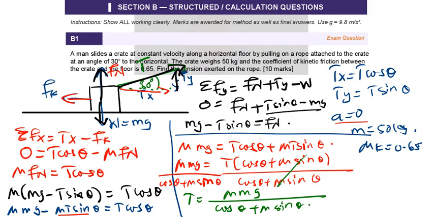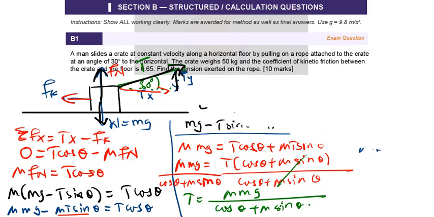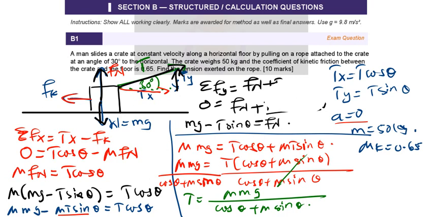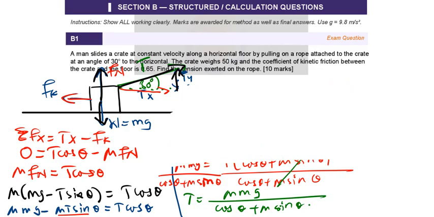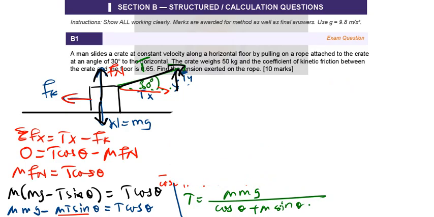After doing this, we can go ahead and plug in the values and see the tension force that we're going to get. I don't want to get rid of this because I have my data this side. I'll get it from the question. So this is how I can get the full 10 marks.